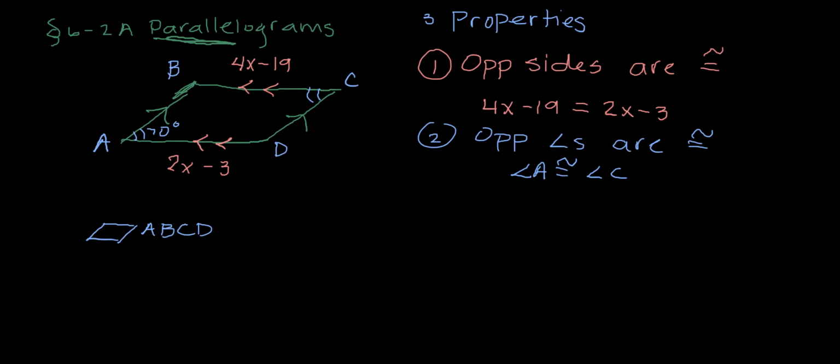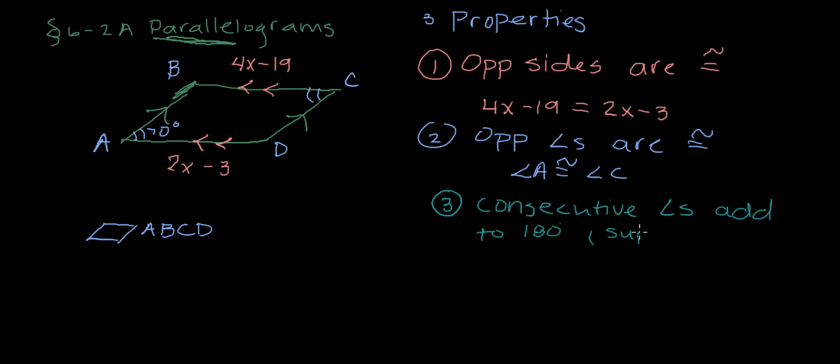Now, there's one last property. This last property is a little tricky, so I need you guys to be careful and take your time with it. The last property is that the two angles right here, the consecutive interior angles, we're going to call them consecutive angles. Property number 3 is that consecutive angles add up to 180. If you remember the vocabulary, that means they are supplementary angles.